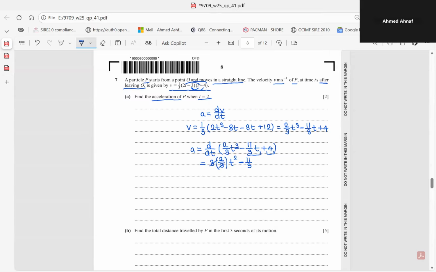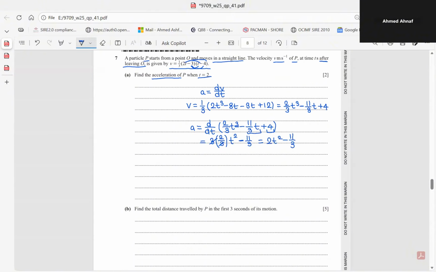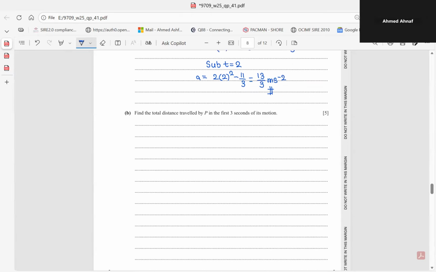So you get 2t squared minus 11 over 3. Now just substitute t equals 2: 2 times 2 squared is 8, and 8 minus 11 over 3 gives 13 over 3 meters per second squared. This would be our final answer for the first part. Let's move on to the next part.